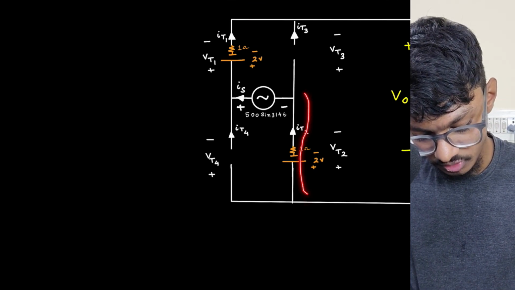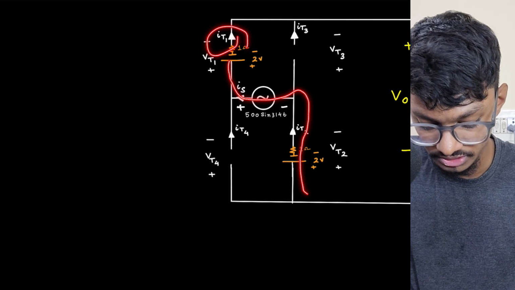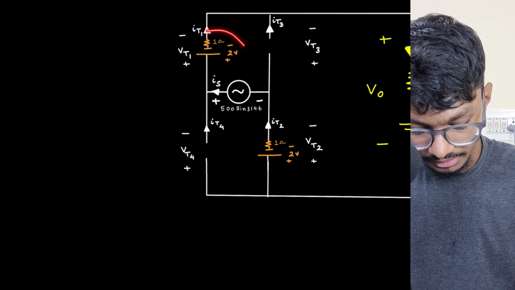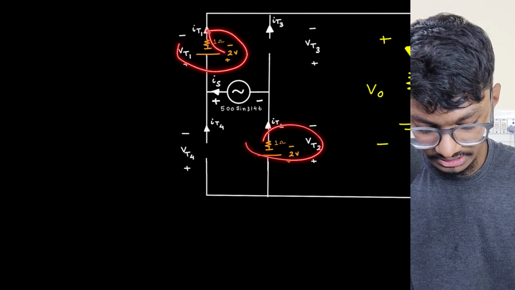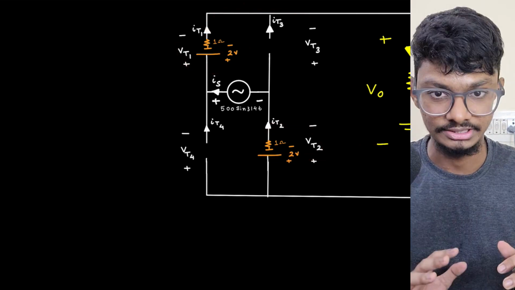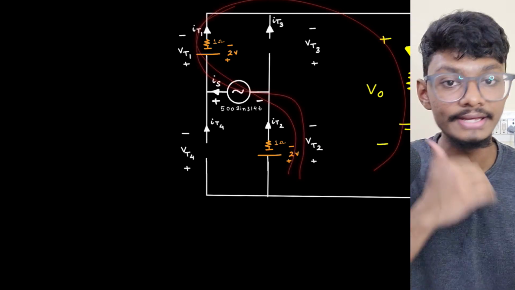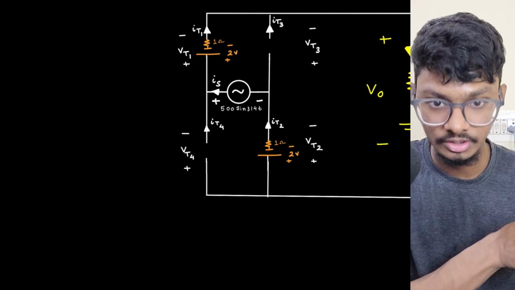Whatever current IT2 is flowing, that same current is flowing through this as well and through this load. So I will transfer this voltage and this resistance to the load to simplify things, because everything is in series and the same current flows throughout the whole circuit. IO equals IT2 equals IS.